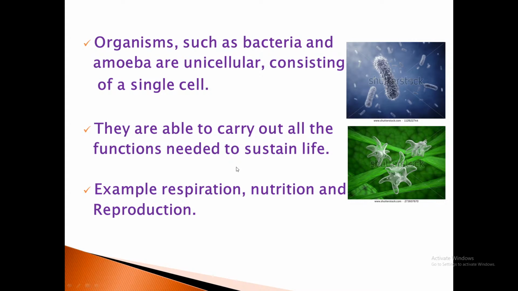Moving on, organisms, or living things, such as bacteria and amoeba, are unicellular. That means these organisms only have one cell. Once they use the term unicellular to describe an organism, they are saying that it has only one cell. It does not have more than one cell like human beings, because they say approximately 30 million cells are in the human body.